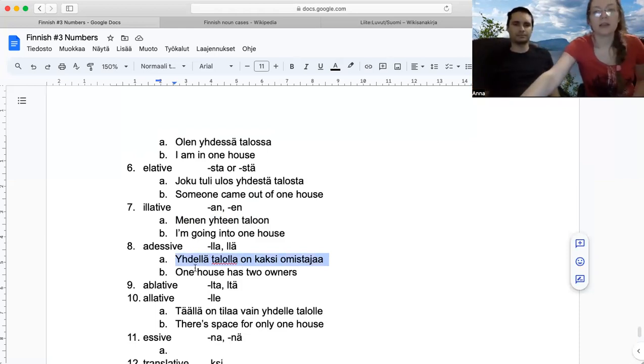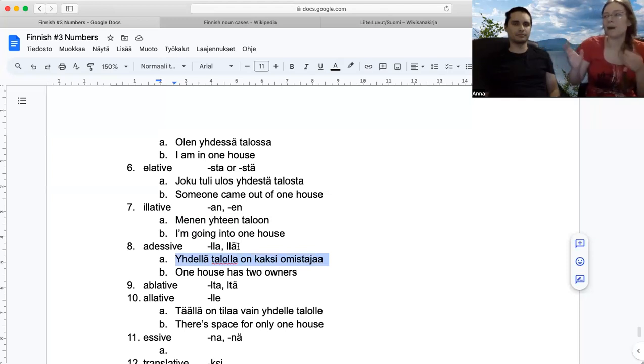So adessive, yeah, as Christian has mentioned when we're talking about the place cases, the la ending would mean on the surface of something or by something. For example, by the house, by the table or something, being near something, it would be la. But this ending, apart from the meaning of being placed somewhere, has also the meaning of ownership.